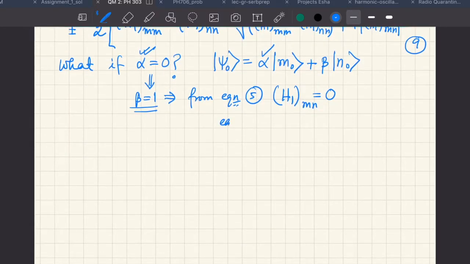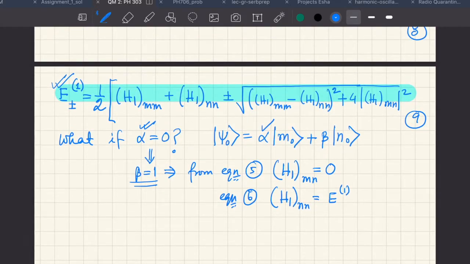So equation 6 gives us H1 nn equal to the first order correction to energy. This is actually included in the general result that I have written. Very carefully note that if you choose the negative sign here, this exactly is included.